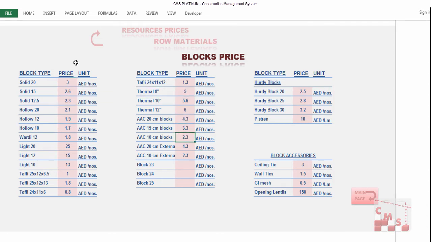You'll consider here the block work for the masonry work and the hordy blocks which are required for the hordy slabs or ribbed slabs, plus the accessories of the blocks as we mentioned before in our quantity surveying for the block works: ceiling tie, wall tie, GI mesh, and the opening lintels per linear meter. Either these lintels will be steel or concrete, you can put the price here per linear meter only. That's it also for the bricks or for masonry or block work.